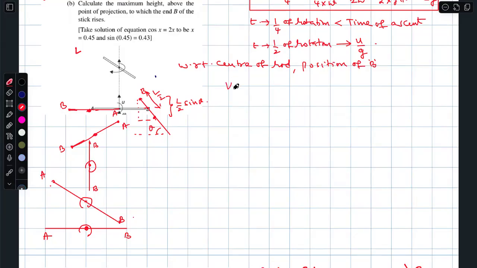So velocity of B with respect to center of mass, the y component, is omega L by 2, and you want this component. This is theta, 90 minus theta, and this will become theta. So omega L by 2 cos theta.